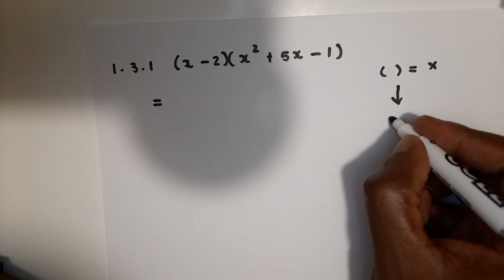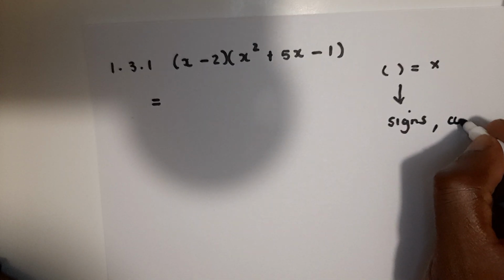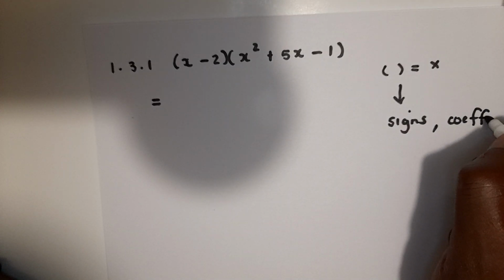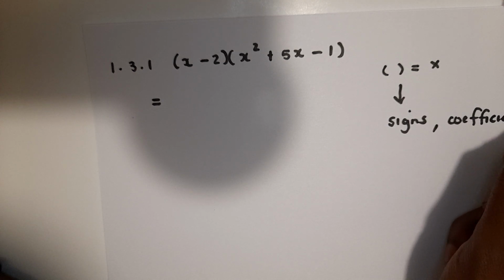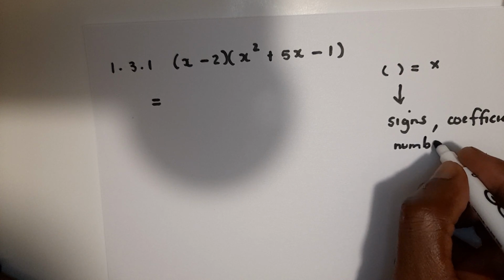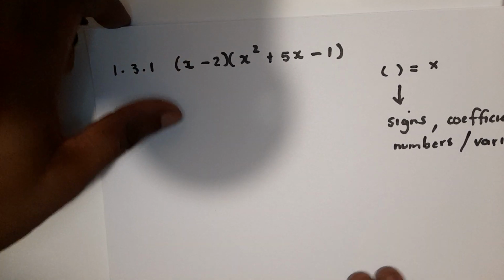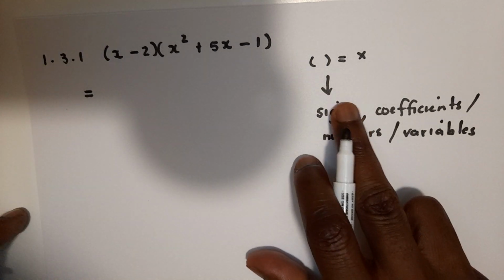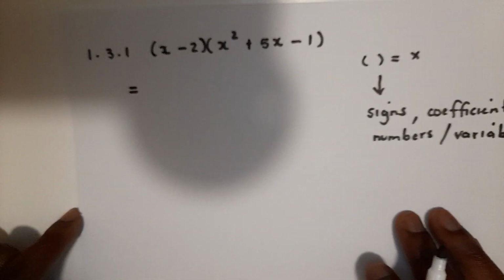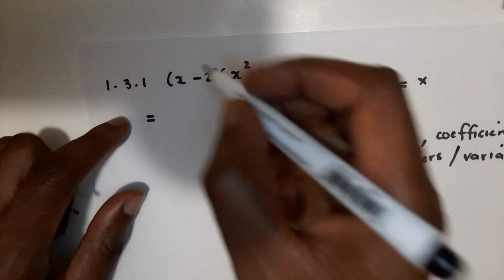I'm first going to multiply the signs, and then I multiply the coefficients. Sometimes it can be the numbers which are referred to as constants. Then lastly, I'm going to look at multiplying variables. So I'm going to multiply signs, coefficients, and variables lastly. So when I look at the sign, I distribute the x into the second bracket.